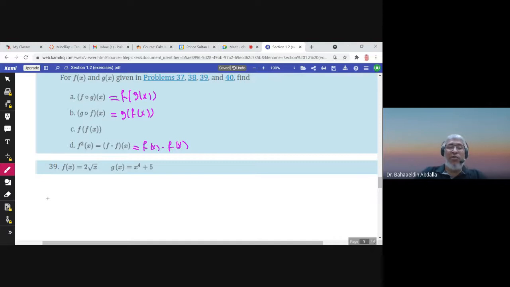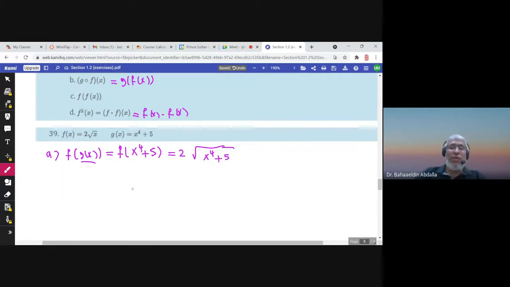So A would be f circle g, f of g of x, which is f of, you put g of x, which is x to the power 4 plus 5, and you go to f and replace x by this. So it would be 2 times square root of x to the power 4 plus 5. To find b, we need to find g of f of x.